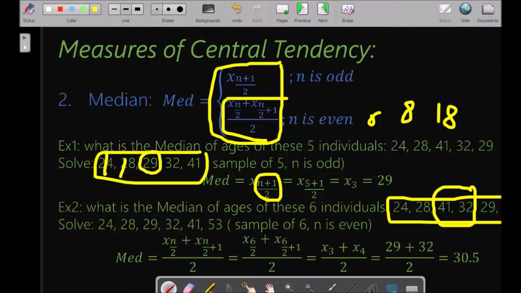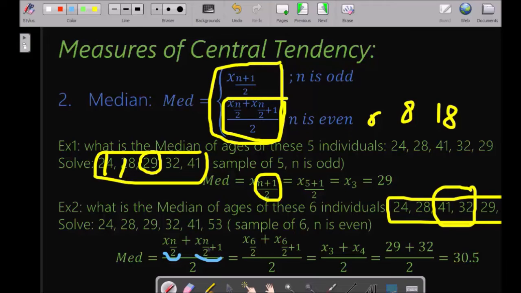I'm going to use this equation when n is even. What is the median of these 6 individuals? I have sorted my data. The median is going to be the mean of these two values, which have ranks n divided by 2 and n divided by 2 plus 1.